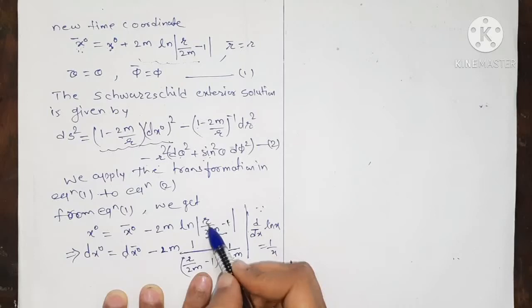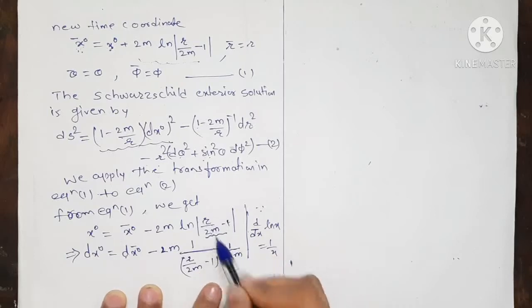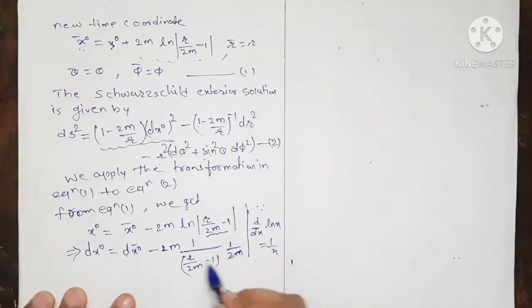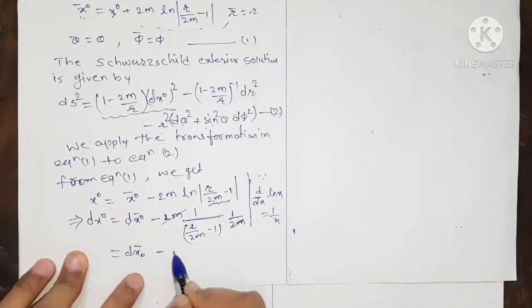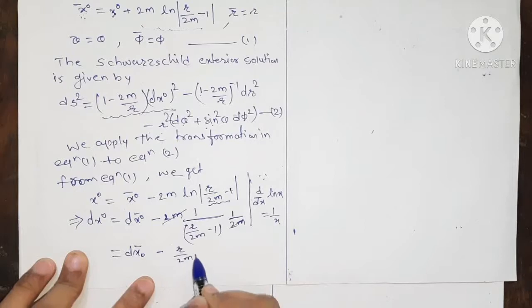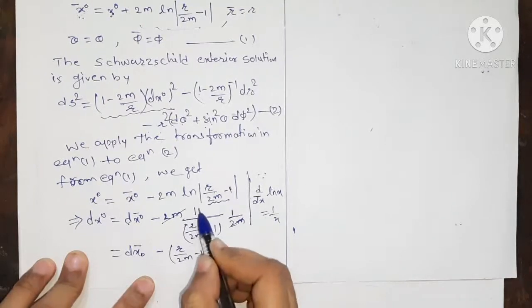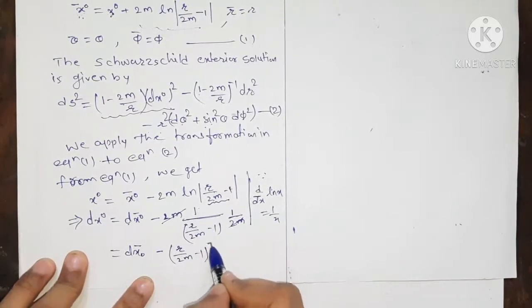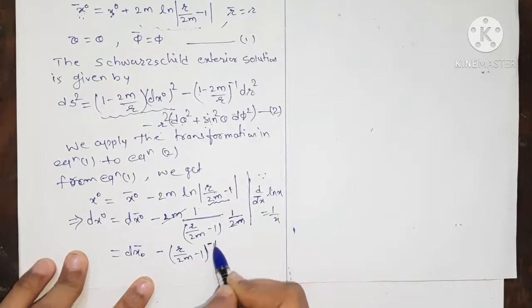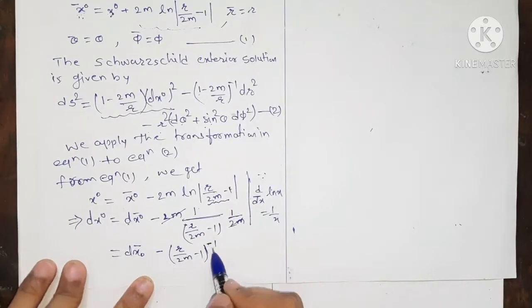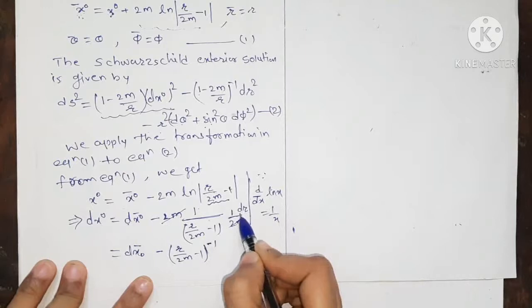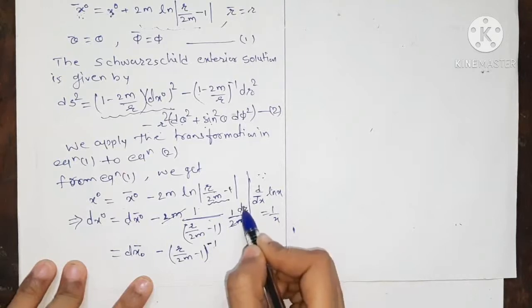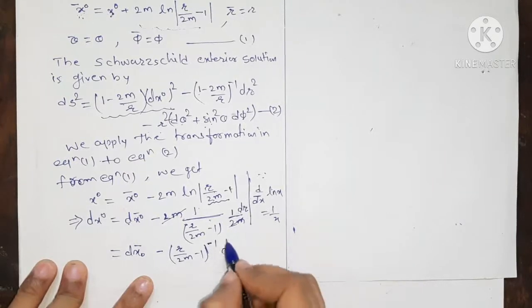So this twice m gets cancelled, we get dx0 bar minus r upon twice m minus 1, and since it is in the reciprocal, we write it raised to power minus 1. And this is with respect to dr, so we have here dr.